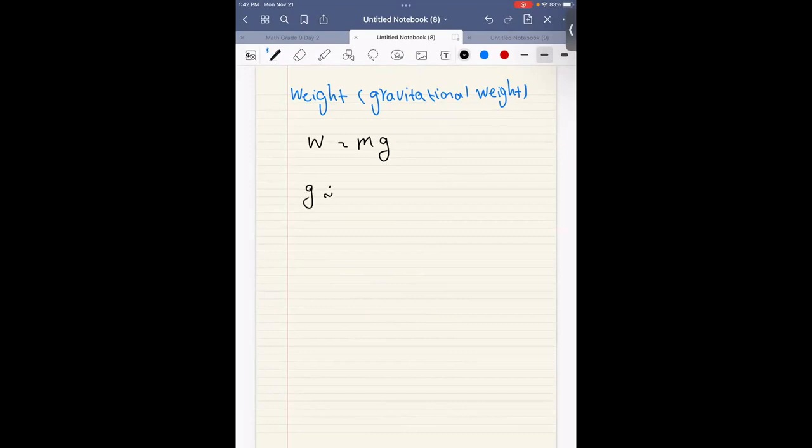So g is about 9.8 meters per second squared. So weight is basically the gravitational force of any matter on the Earth. On the Earth, that is important. It's not the same elsewhere, because if you go to the moon, that would be different. Okay.